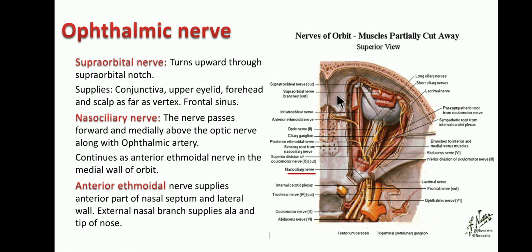The lateral nasal branch finally comes out as the external nasal branch and also supplies the sides of the external nose. So that is your anterior ethmoidal nerve, a branch of the nasociliary nerve.